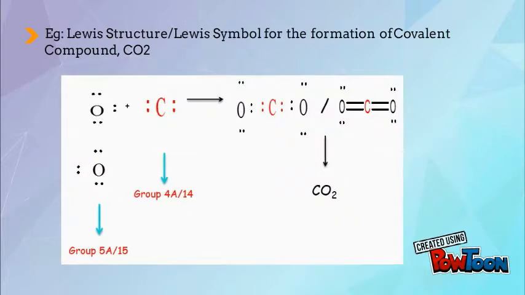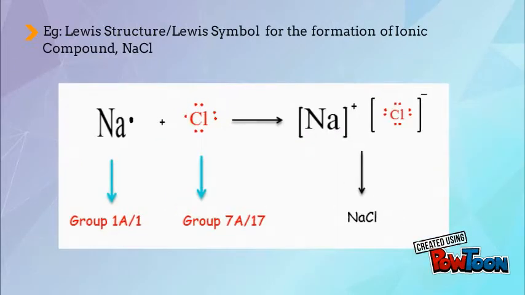Example: Lewis structure for the formation of covalent compound CO2. Example: Lewis structure for the formation of ionic compound NaCl.